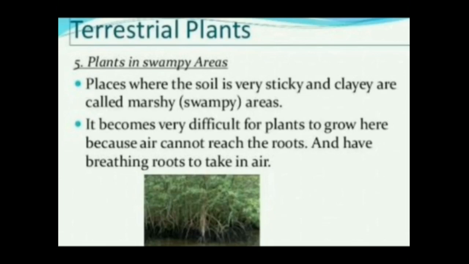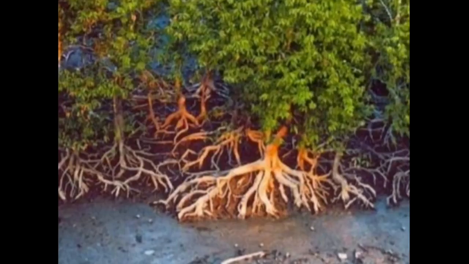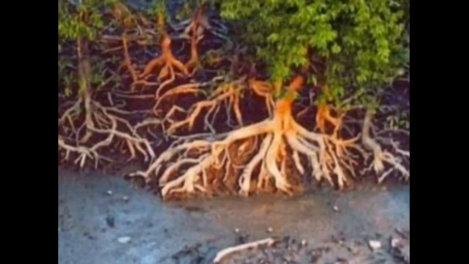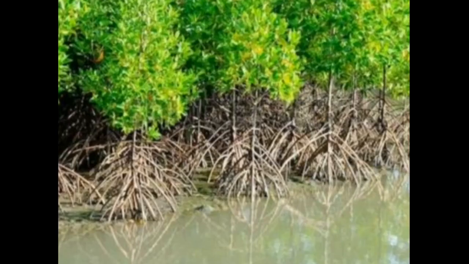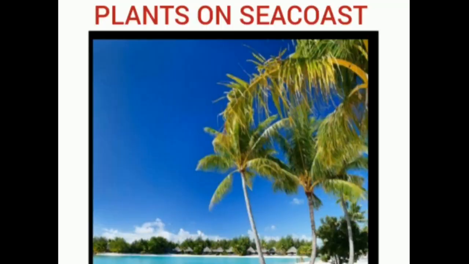Because of this, the roots cannot get air from the soil. So, the roots grow outside the soil and take the air they need. Example, mangrove. And the last one, plants on seacoast.